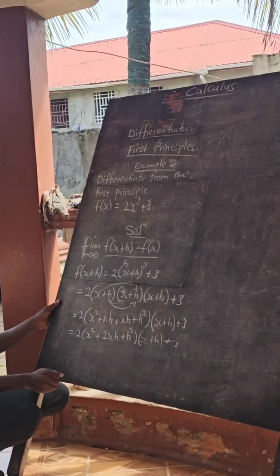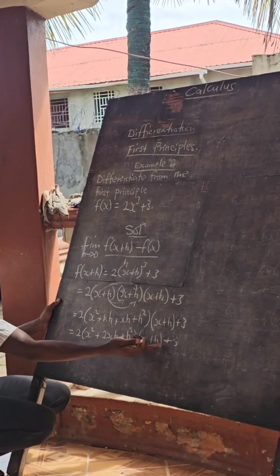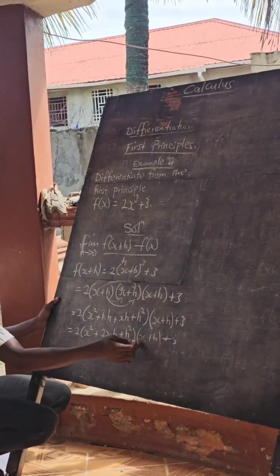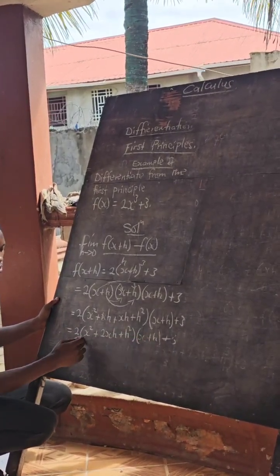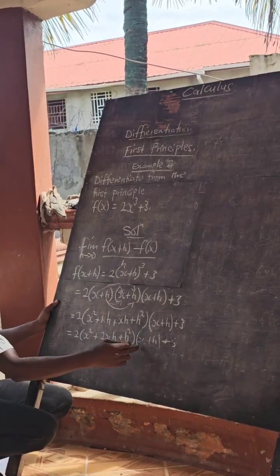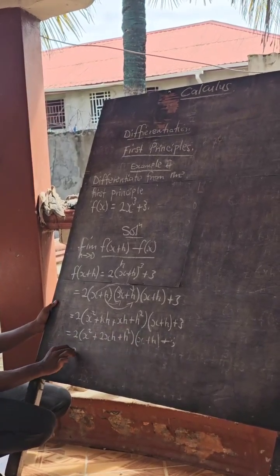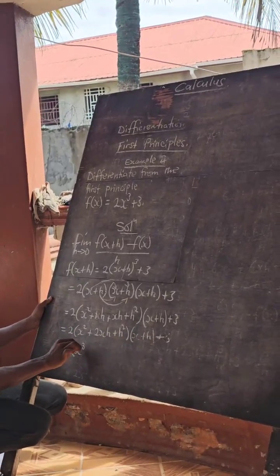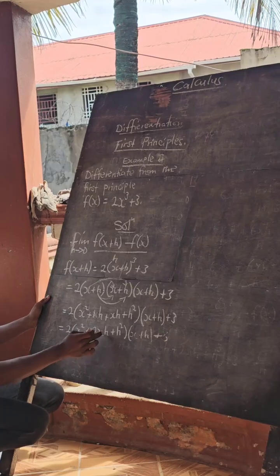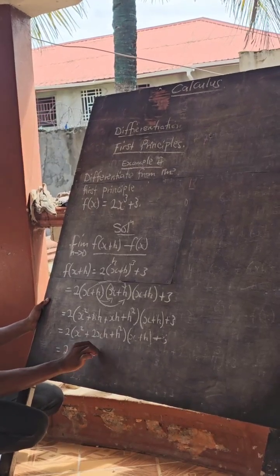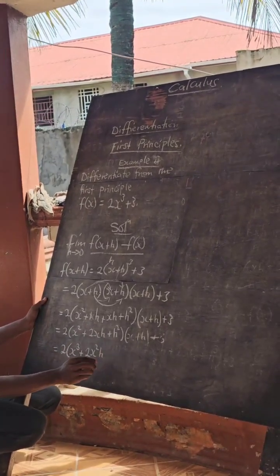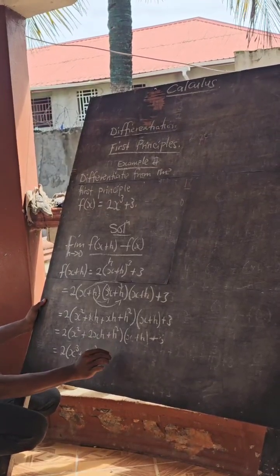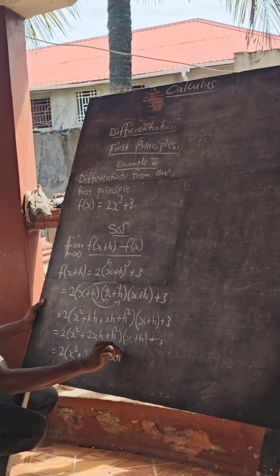Alright, so now we're going to multiply everything in this bracket by these two values. Take the first one, multiply by everything. Take the second one, multiply by everything also. So this will give us 2 into x times x squared, which is x cubed, plus x times 2xh, which gives 2x squared h, plus x times h squared, which gives xh squared.